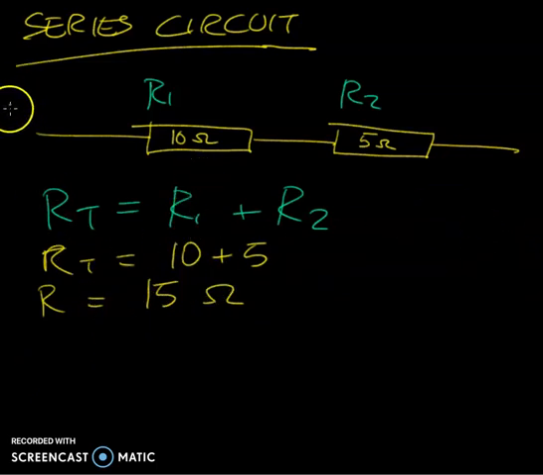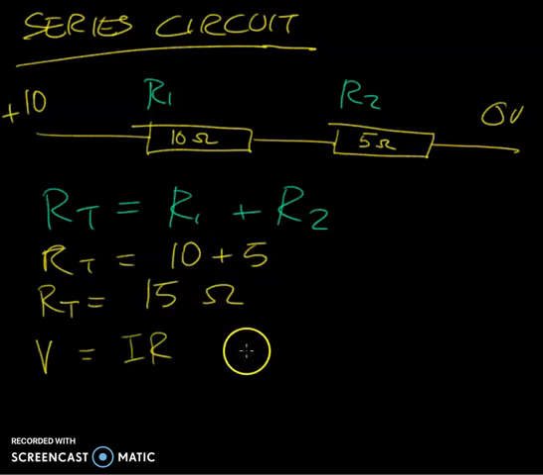Let's assume we have got plus 10 volts at this end and 0 volts at the other, so that gives us a total voltage drop across the circuit of 10 volts. It's really important to remember. Now that 10 volts needs to be dropped across the load resistors. We can assume that they are one resistor, RT, so we can say that V is equal to IR, and in this circuit we would then be able to determine the current, so we could say that I is equal to V over R, and then put some numbers in there.